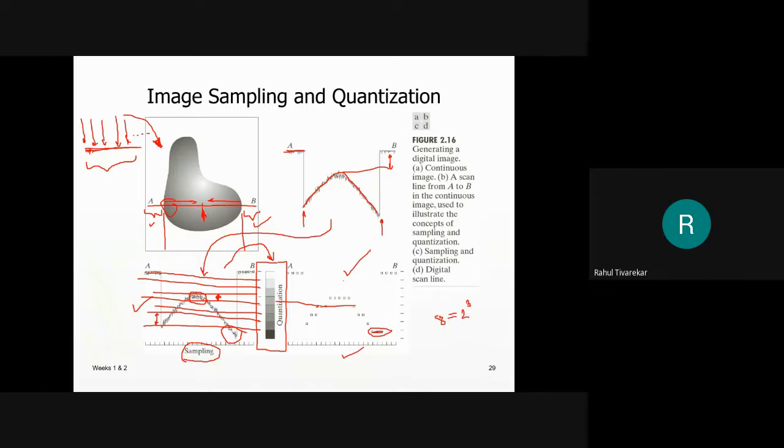We sample the image and we quantize the image so that the storage requirement is reduced and we can easily represent it with a finite number of bits. Let's go ahead. As I said, this is called digitizing the coordinate values, or digitizing spatial coordinates, and this is called digitizing the amplitude values, or digitizing the intensities.